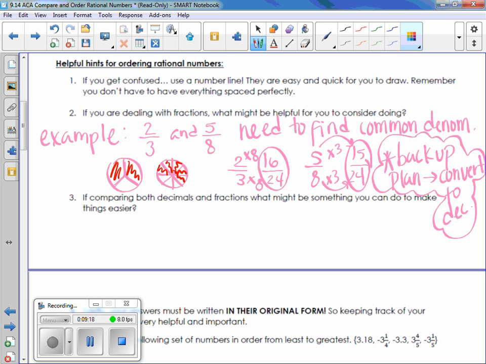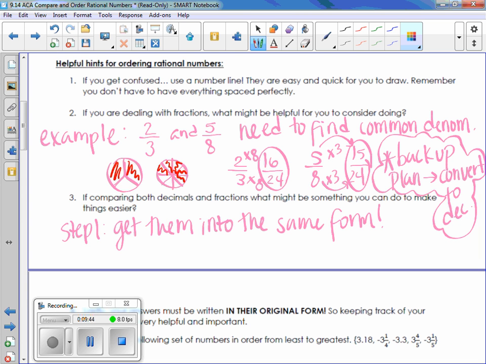Which basically, to sum that up, is that we need to get them to the same form, right? So first step, step 1, get them into the same form.